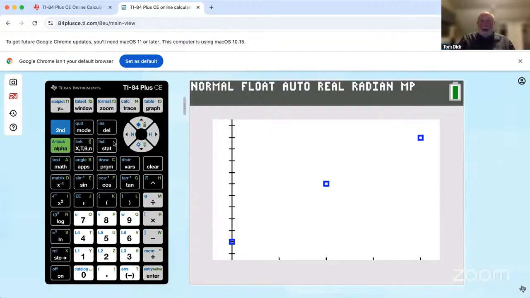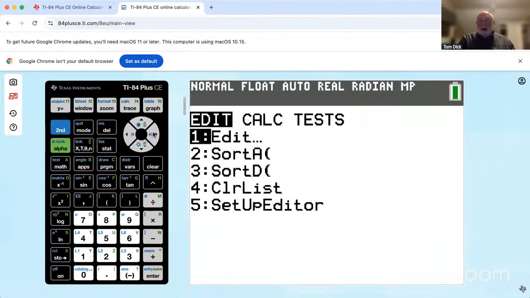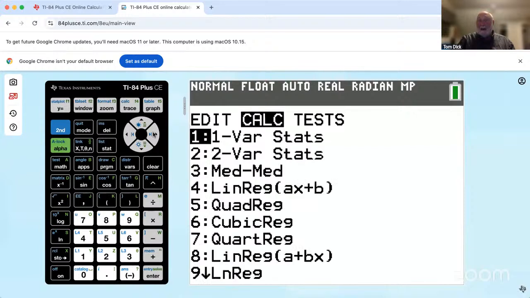That would be a means of coming up with those coefficients, even though it wouldn't satisfy the requirements of that problem. But we could do that as a check. And so let me go to the stat and go over to calculate. And you look down there at number 5, it says quad regression.